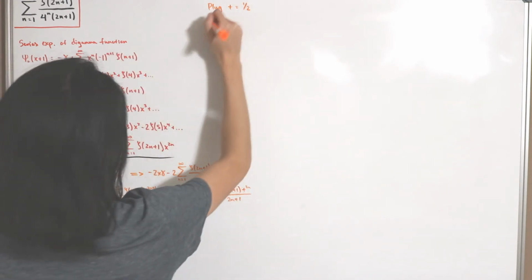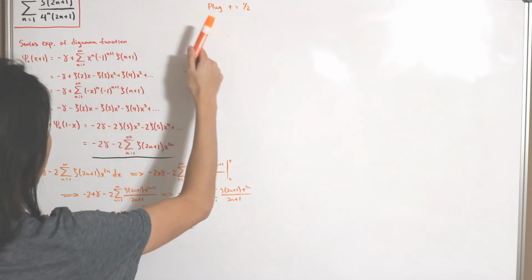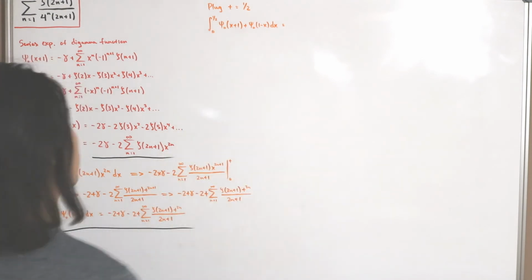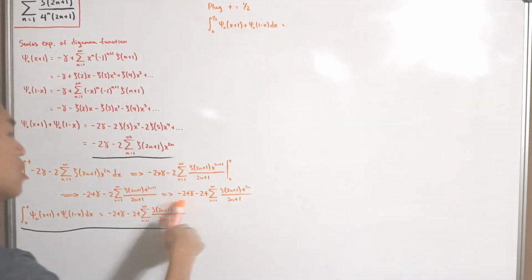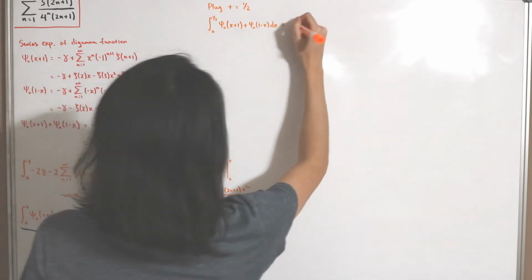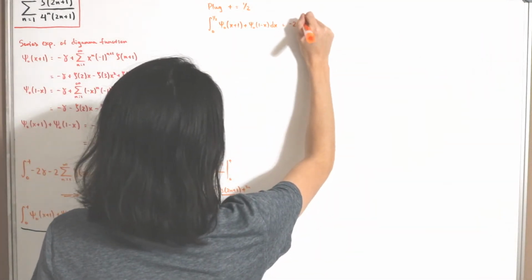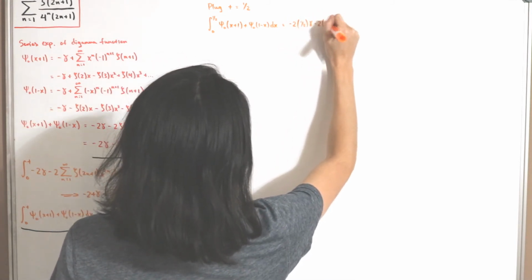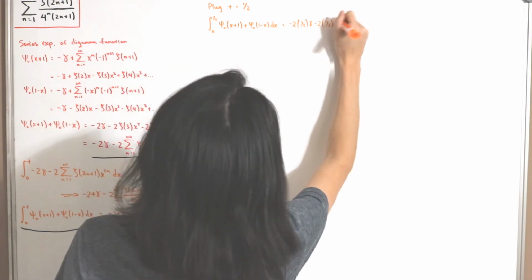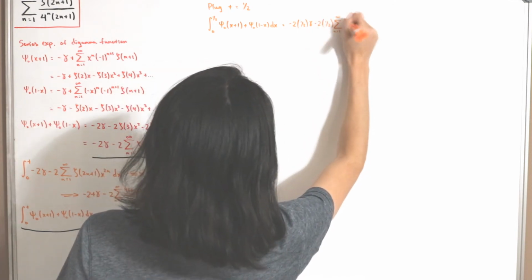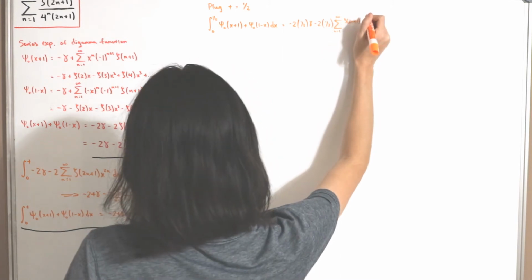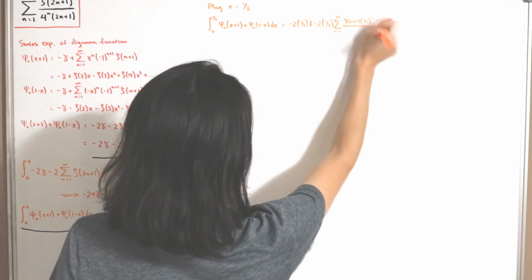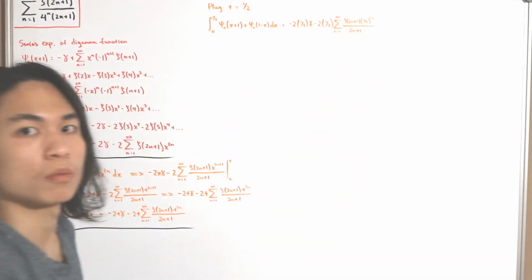Okay, so when we plug t equals 1/2 like so, we just plug t equals 1/2 over here as well. So I'll plug in negative 2 multiplied by 1/2 gamma, then minus 2, plug in 1/2, and then our infinite series, Riemann zeta of 2n plus 1, then 1/2 to the power 2n plus 1, like so.